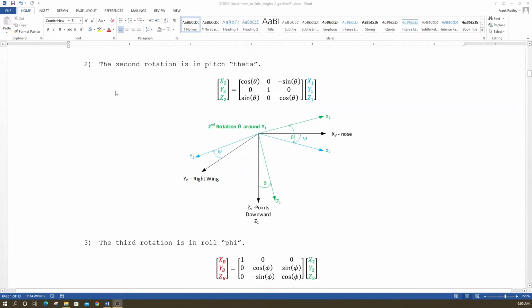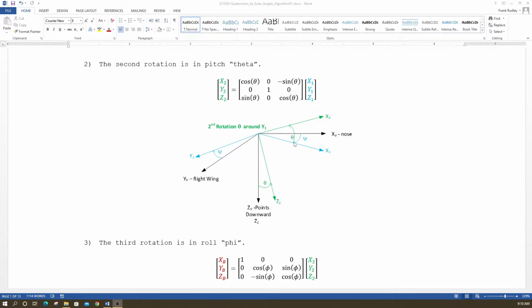So next is the second rotation. So we take the x1, y1, and z1 axis and then rotate it around theta, which is pitch. So we started off with xv, yv, and zv, and say xv is aligned with the nose of the aircraft, and yv is aligned with the right wing, and zv goes down through the body of the aircraft. So the first rotation was around psi, around the z-axis, to x1, y1, and z1.